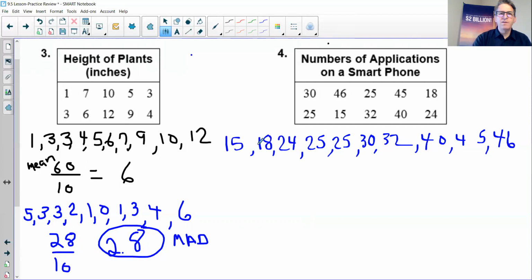So I added all these together and came up with 300. And I divide that by 10 again, because there's 10 entries there. And that gives me a mean of 30. 30 is the mean.